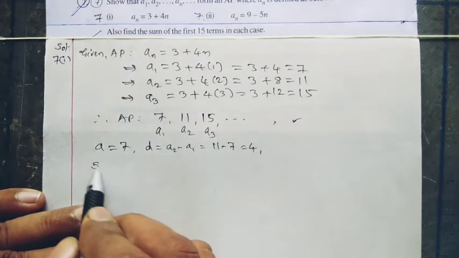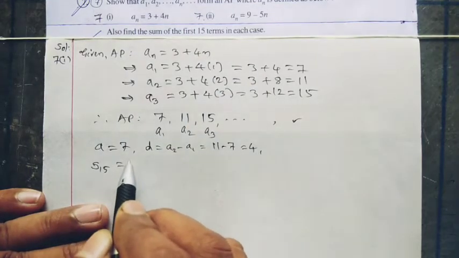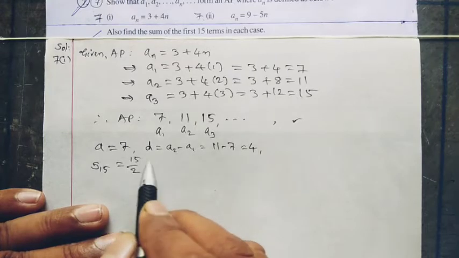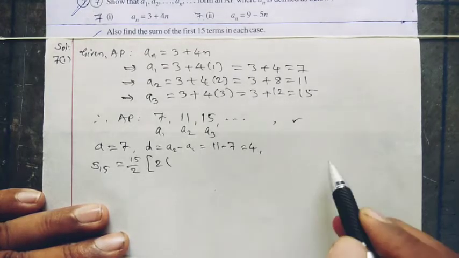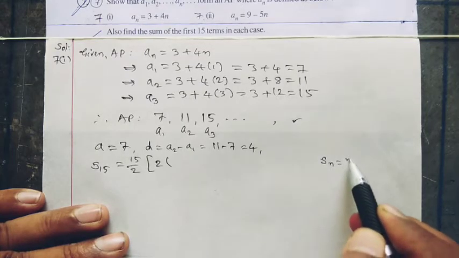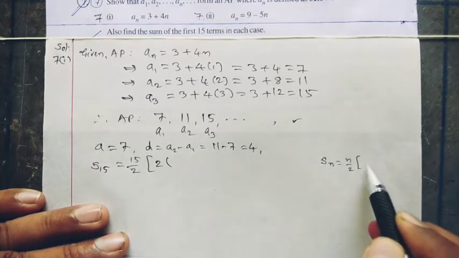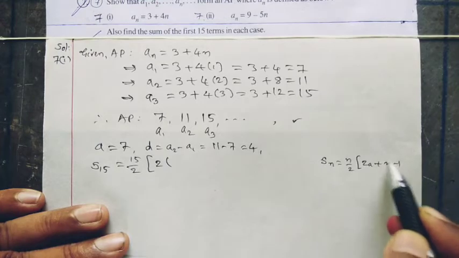So S15 is equal to 15 by 2 into, here we have the formula Sn is equal to n by 2 into (2a plus (n minus 1) into d).